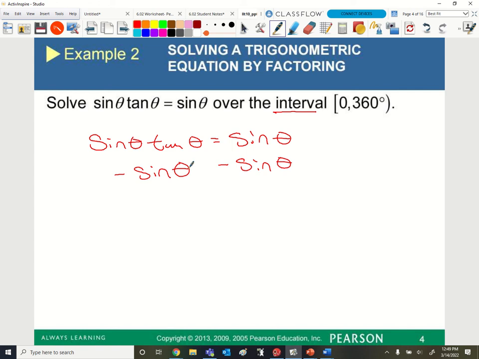So when I write this together, it's going to look like this: sine theta tangent theta minus sine theta equals 0. That right there is where it now equals 0. I subtracted the sine from both sides, right? So now it's equal to 0.